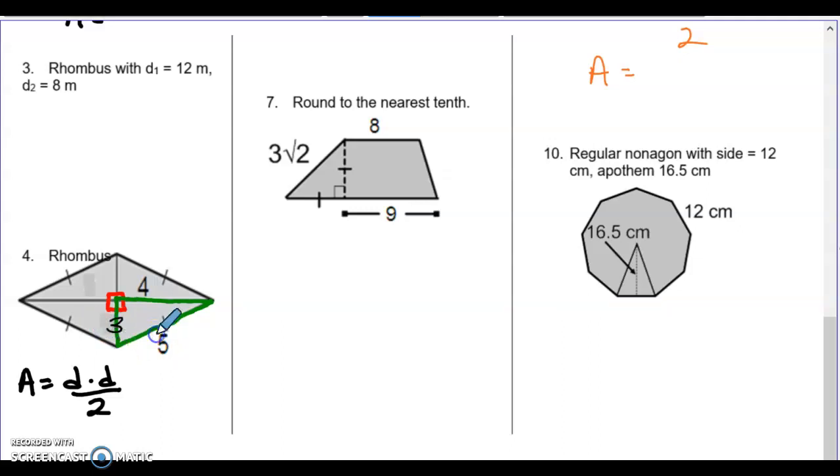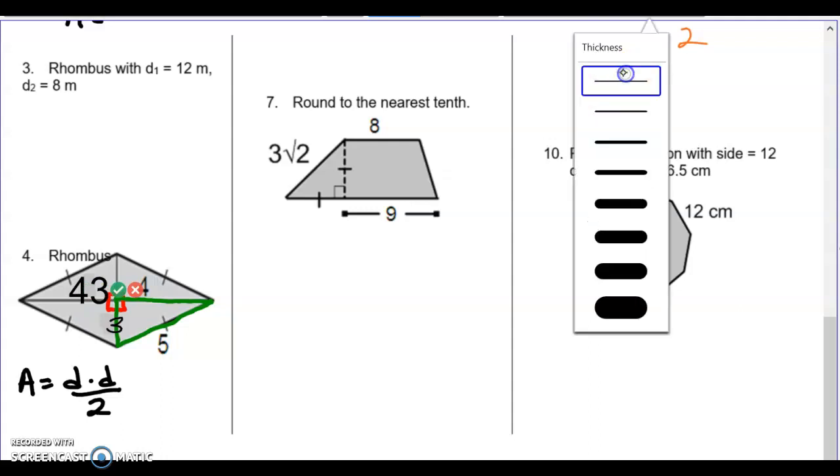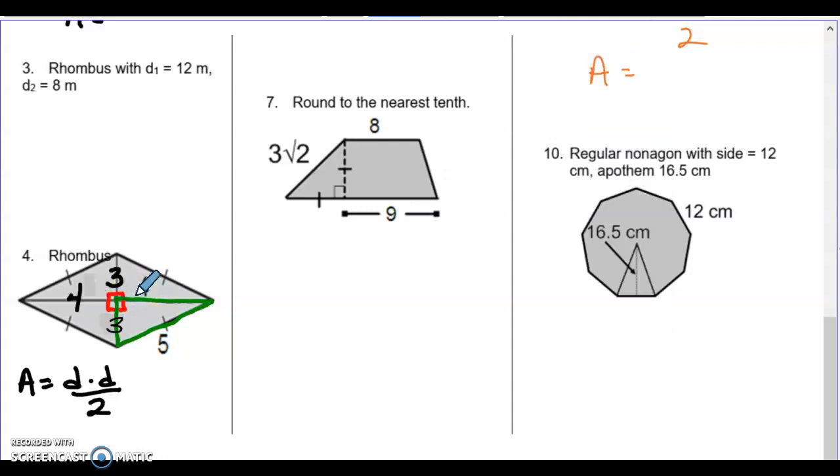One thing that we learned back in chapter, I think it was 7, was that the diagonals of a rhombus are bisected, because rhombuses are parallelograms as well. So if this is 3, this would be 3. And if that piece is 4, then that piece is 4. So now I know the lengths of the diagonals in my rhombus here.